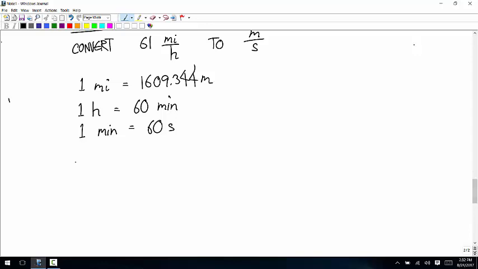I'm going to take our starting quantity, that's 61. Like I said, we're always going to have a numerator and a denominator. Where does the miles go, the numerator or the denominator? Yep, so we have 61 miles. And where does the hours go? Yep, so we'll start just like this.